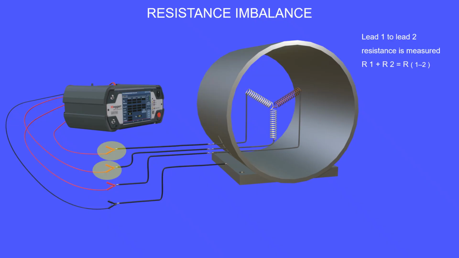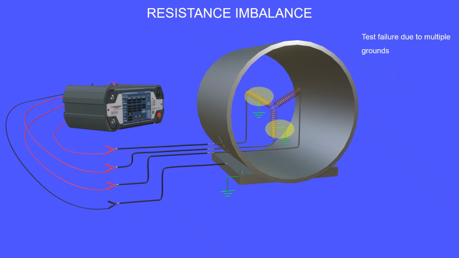First, lead 1 to lead 2 is measured. Then lead 2 to lead 3 is measured. Then lead 1 to lead 3 is measured. Here we see issues with multiple grounds.